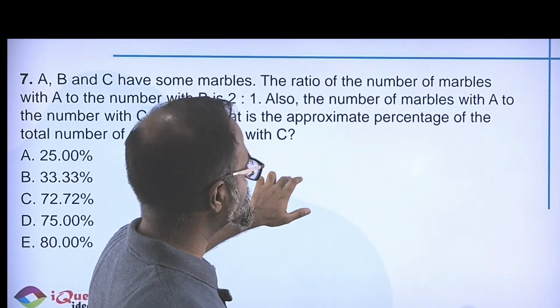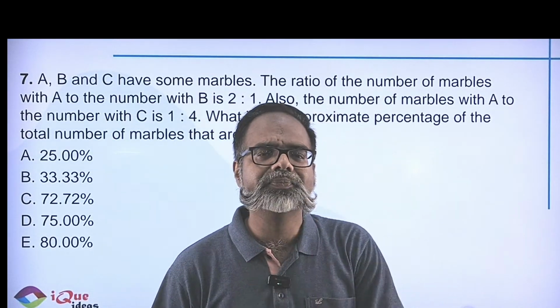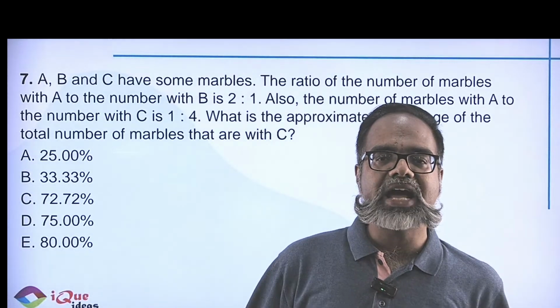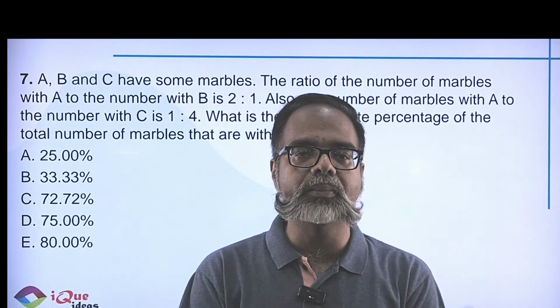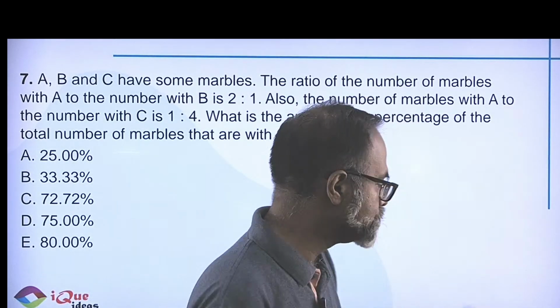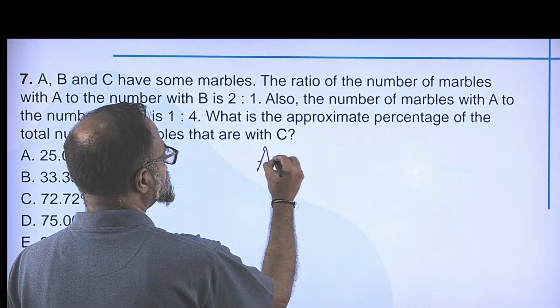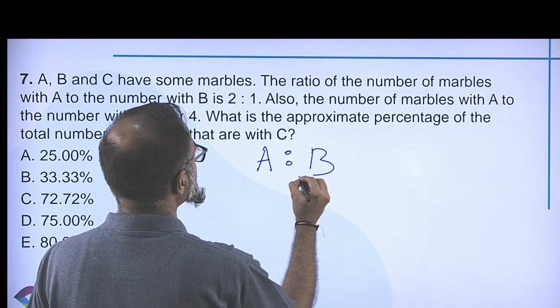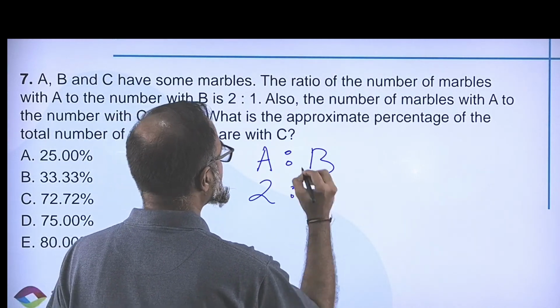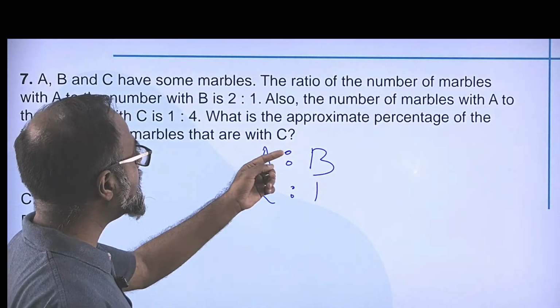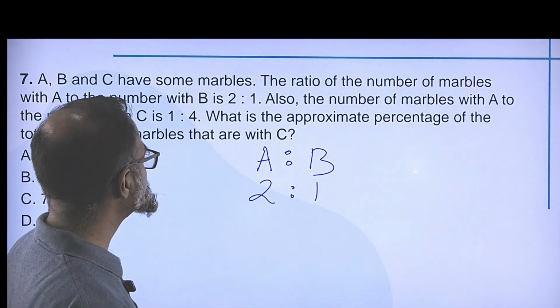Ratio. Oh, ratios are also easy to work out, right? Let's see. A, B and C have some marbles. The ratio of the number of marbles with A to the number with B is 2:1. Okay, so originally I know A is to B is 2:1. Also the number of marbles with A to the number with C is 1:4.